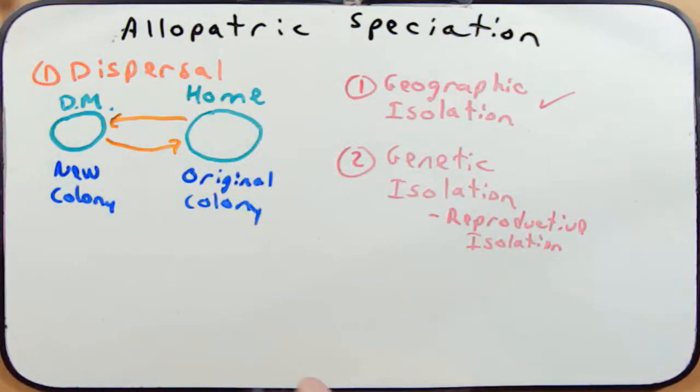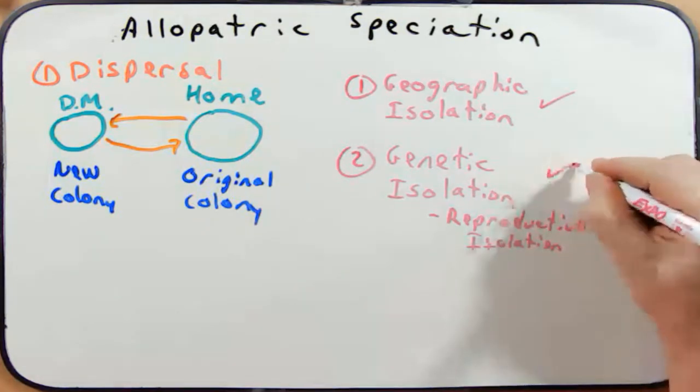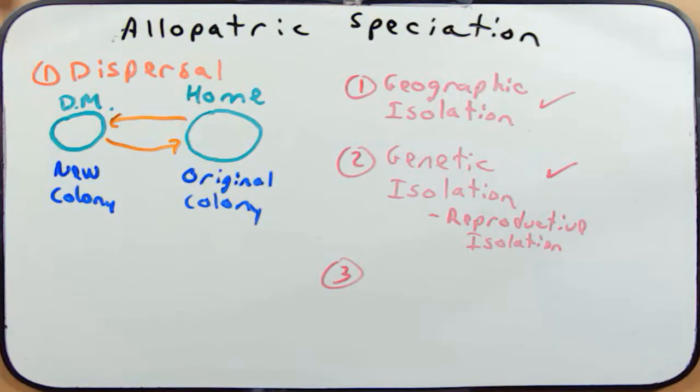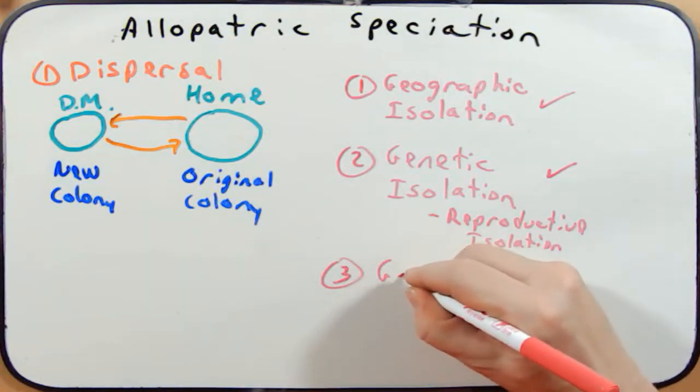So reproduction between these two populations has been isolated, which helps isolate the gene flow between these two populations. So we've considered this step. Now this last step is also something we should look at, and remember this was genetic divergence.